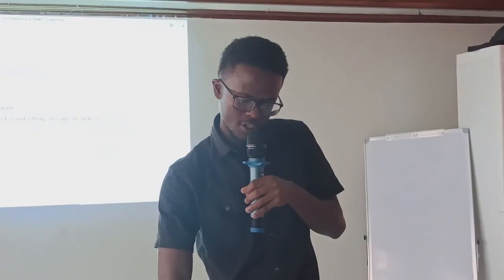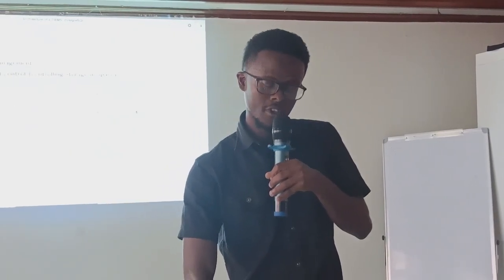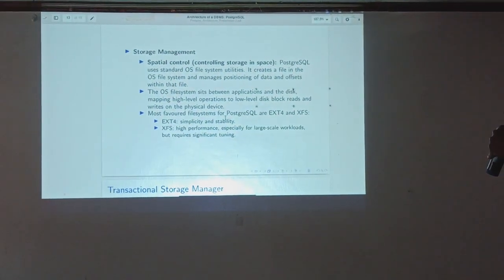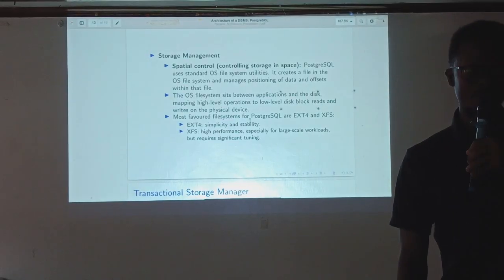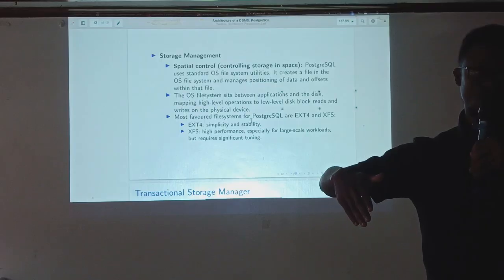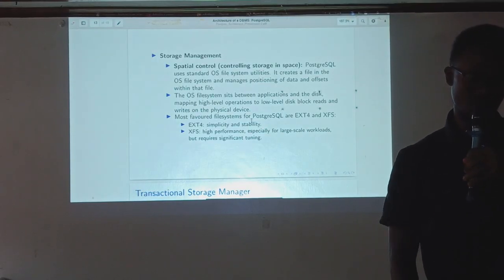We move to the next component, which is the transactional storage manager. Every database management system has to control where data is being placed and when. The first one is controlling storage in space, or spatial control.